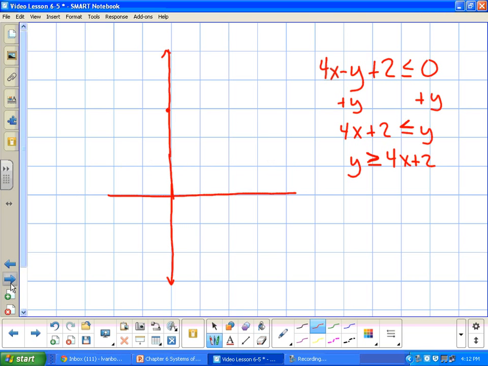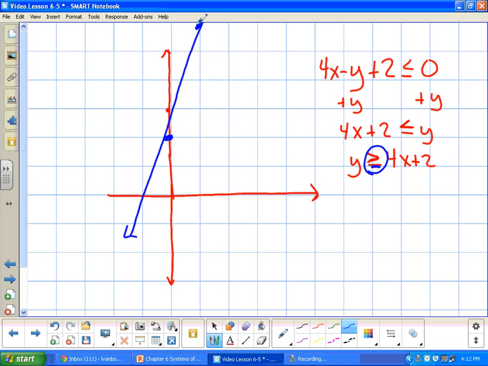All right, so here's my x-axis. That'll be better because then I can do my slope. So my y-intercept is at 2. My slope is 4, so I'm going to go up 4, 1, 2, 3, 4 over 1. Oh, there's my second point way up there. Yes, I'm going to use a solid line because there is a bar underneath. So connect my dots with a solid line.